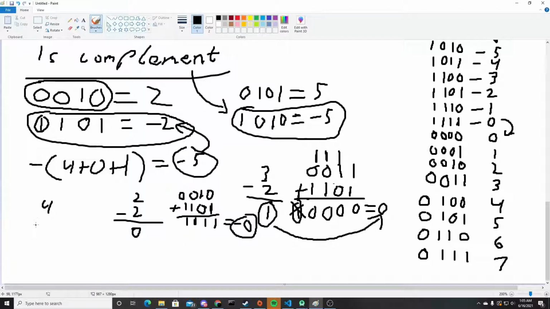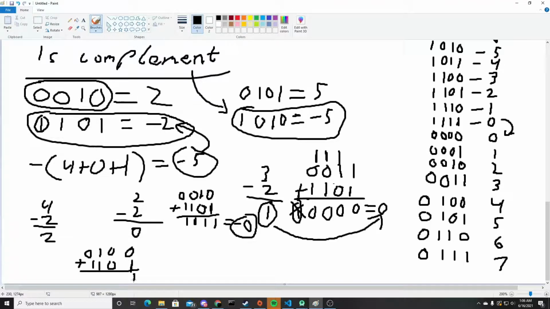Again, if we did 4 minus 2, we expect to get 2. In 1's complement, if we did that addition or subtraction, if you will, we have 0, 1, 0, 0. We would add a negative 2, which again, like we saw before, is 1, 1, 0, 1.